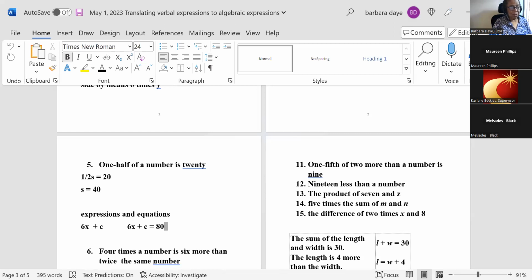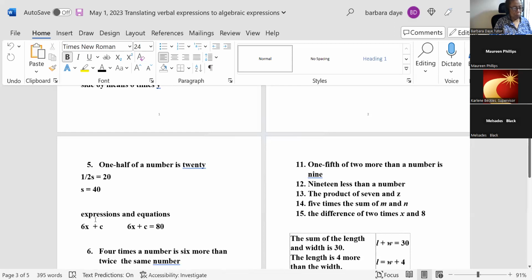It has an equal sign. They all have terms, but the expression has terms without an equal sign. Equations always have an equal sign. So that's your difference.